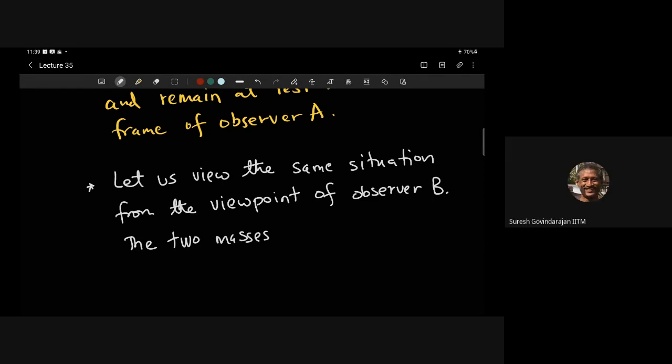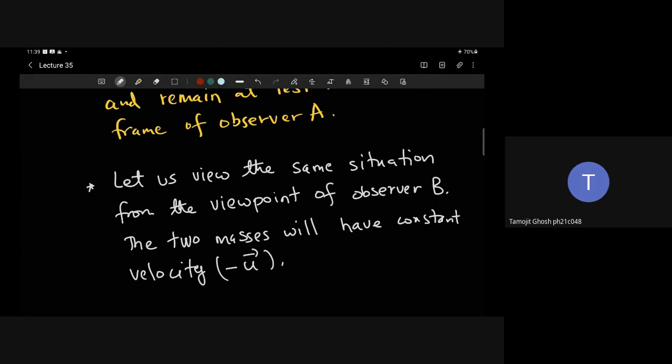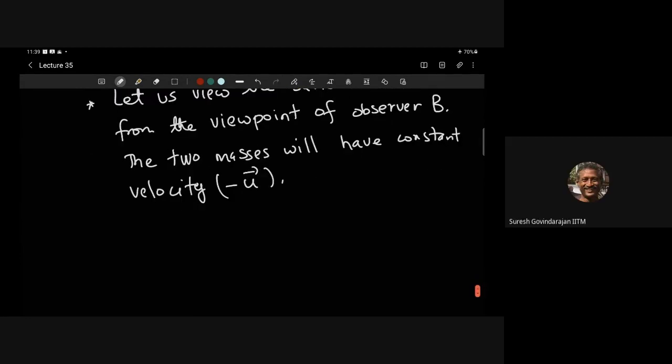No, minus of that, right? This is clear? Minus u. Because they rest in frame A and B is moving with velocity u with respect to A. So to bring it to rest, you have to subtract u. Is this point clear? It's minus u. Very good.